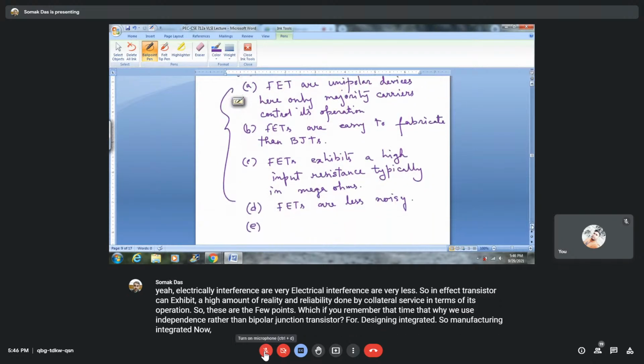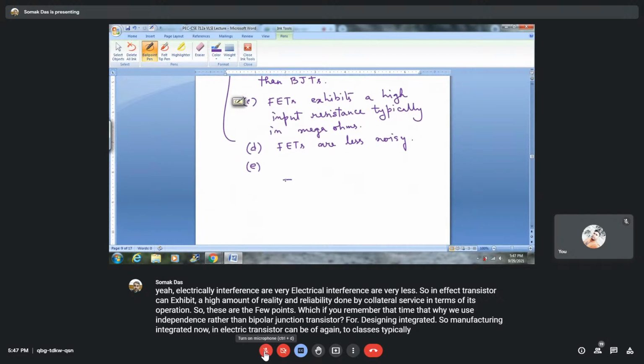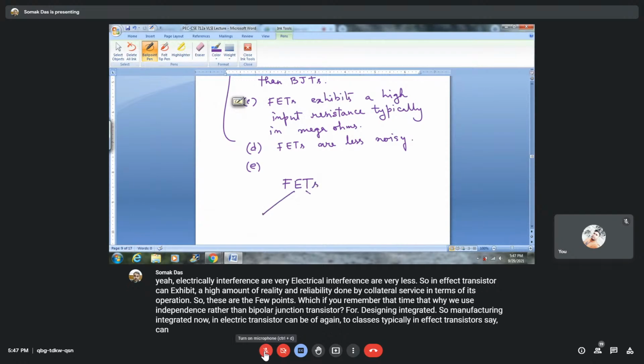Now, field effect transistors can again be subclassified into two types: junction field effect transistors and metal oxide semiconductor field effect transistors, or MOSFET.